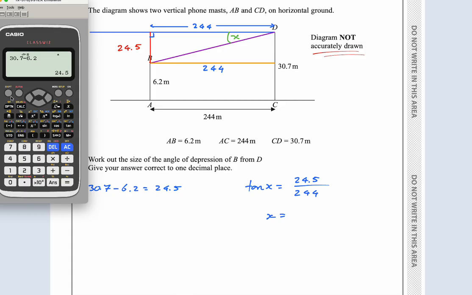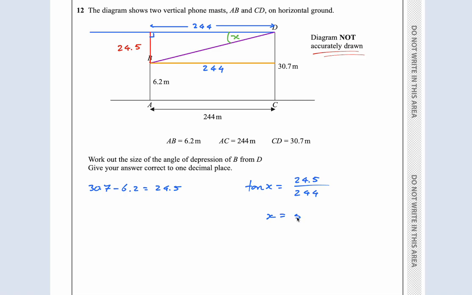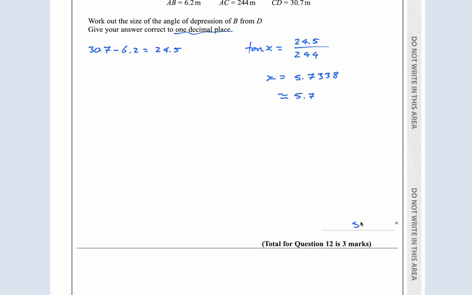Shift tan for inverse tan, fraction 24.5 over 244, close bracket, and I get 5.7338. He wants one decimal place. So 5.7. This is 5.7 degrees.